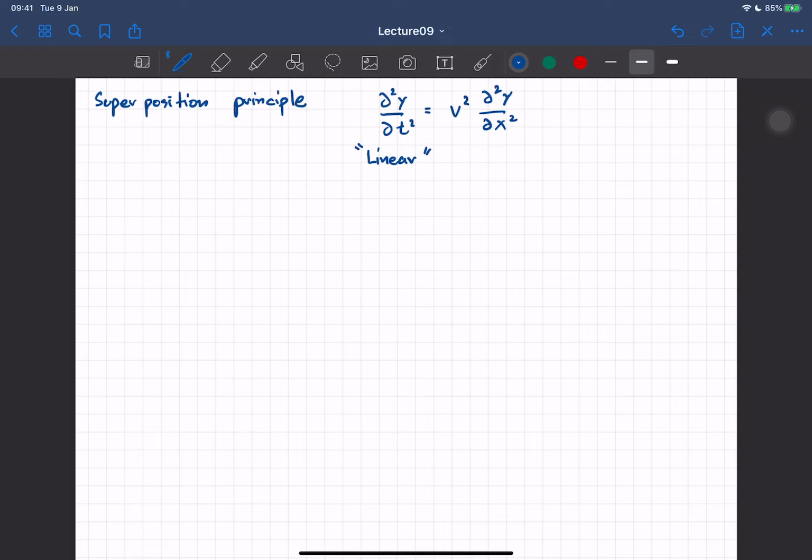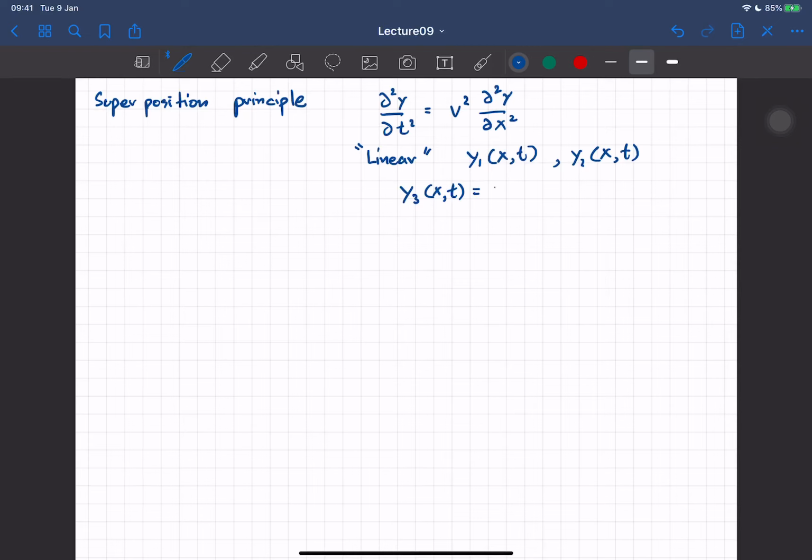What it means is that if y1 is a solution of this wave equation, and y2, which is different from y1, also solves this wave equation, you can come up with a new y3, which depends on x and t.